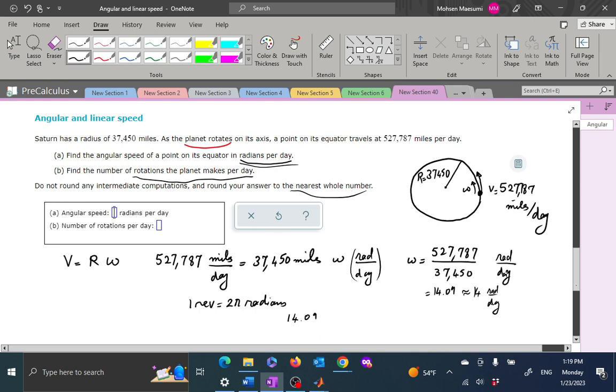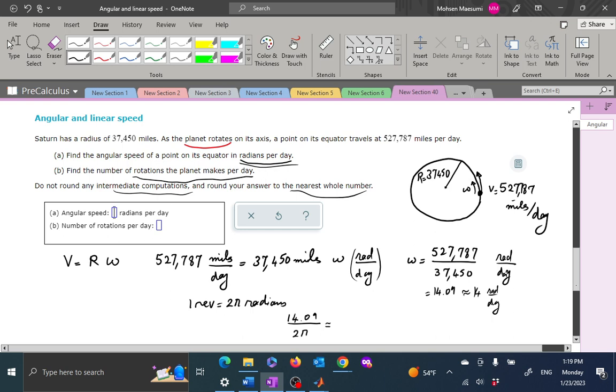So I have 14.09. So really I have to take this fraction, and divide it by 2 pi, because it says don't make intermediate computations so that we don't lose any accuracy. But let me just do it like this, and then we come back.